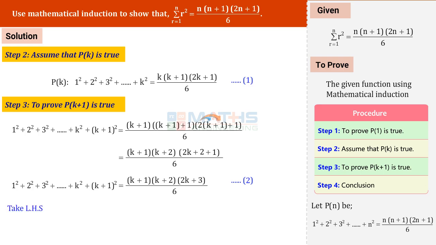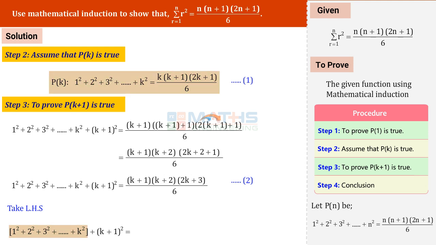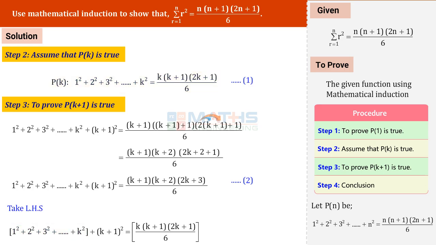We start from the left hand side. Take down the left hand side. You consider the first k terms. Do you know the value of this term? Yes. From equation 1, this can be replaced by k into k plus 1 into 2k plus 1 divided by 6. Substitute the value. Keep the last term, k plus 1 the whole square, as it is.